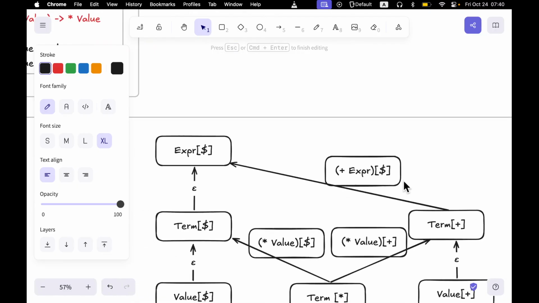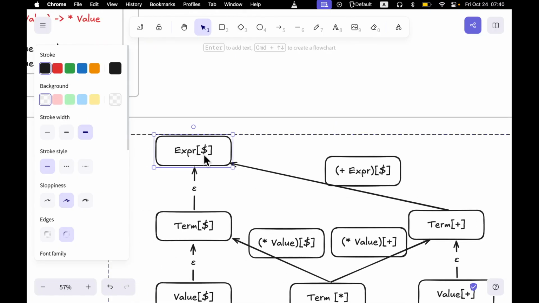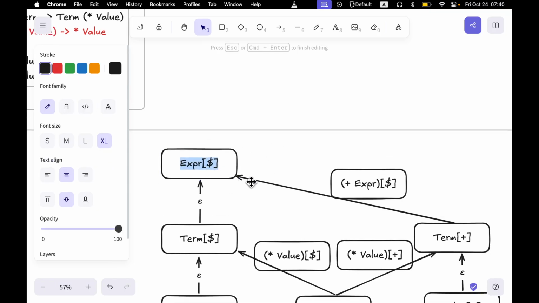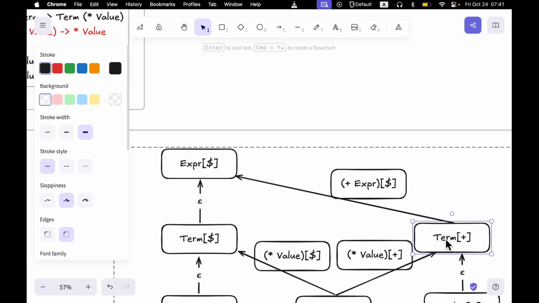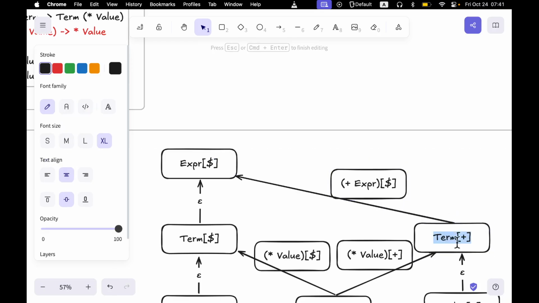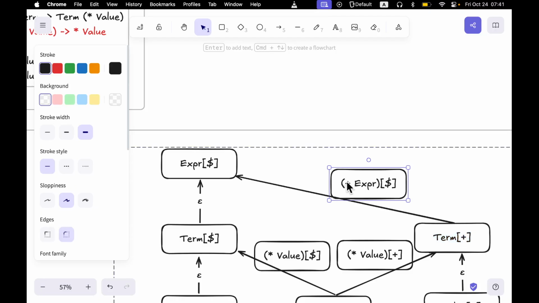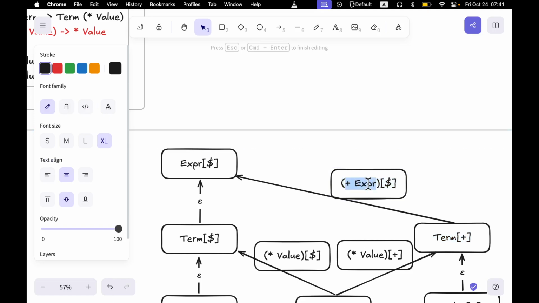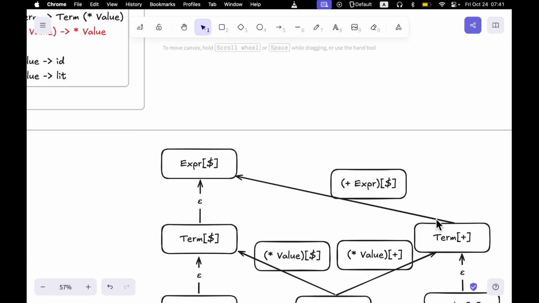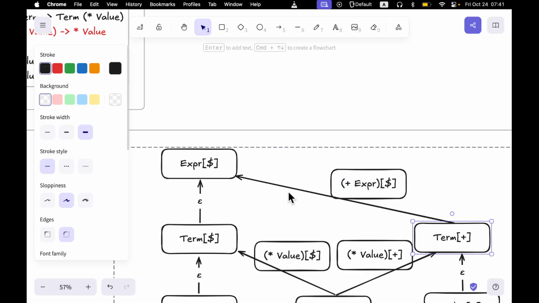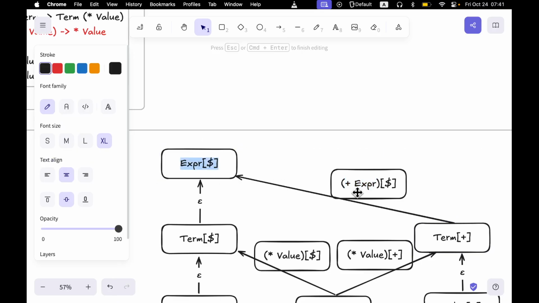If we assume the look ahead is the $sign, the original rule was expression plus the $sign produces term with the parentheses plus expression symbol, and it became this edge where term with the look ahead of plus, because plus is the only valid terminal symbol that can appear at the first character of this parentheses plus expression symbol, can be reduced into expression with the help of plus expression symbol with the term look ahead of $sign.